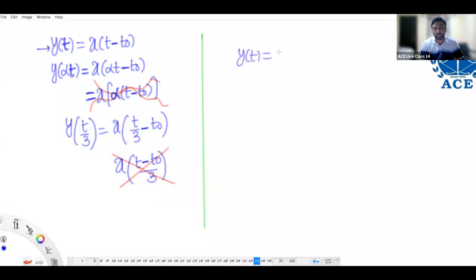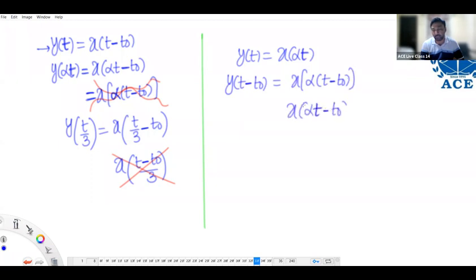Reverse way. Suppose y of t is x of alpha t. What is the shifted form of that one? X of alpha into t minus t naught, or alpha t minus t naught. We are available with a scaled signal that must be shifted. Now you respond, which is valid?